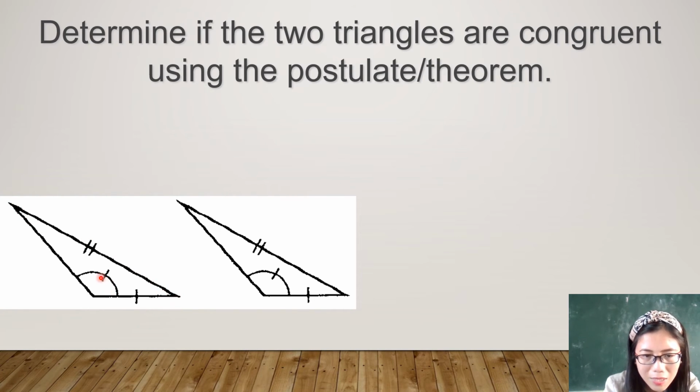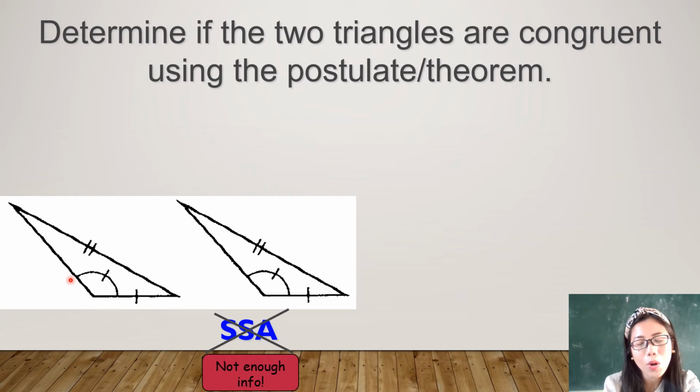Meaning this is angle, side, side, or that is side, side, angle. But there is no SSA. So we can't say that these two given triangles are congruent, since the information given is not enough.